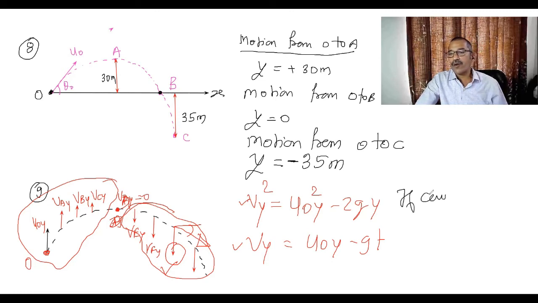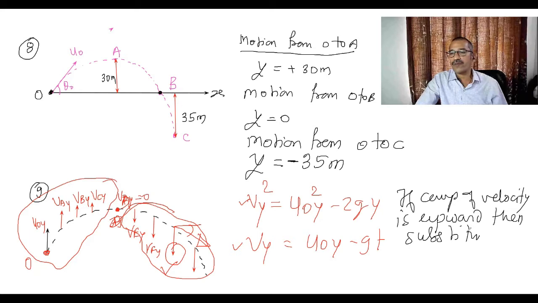That means, important is what? If the component of velocity is upward, then we will substitute with positive sign.